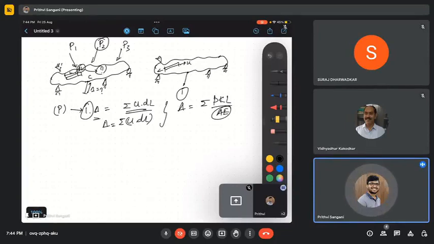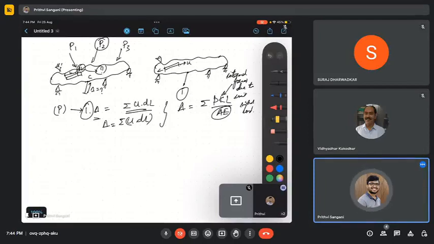P is internal forces, P L by AE is internal deformations because of the external applied loads. And what about the K? K is internal forces due to unit virtual load. Okay, so PKL by AE.